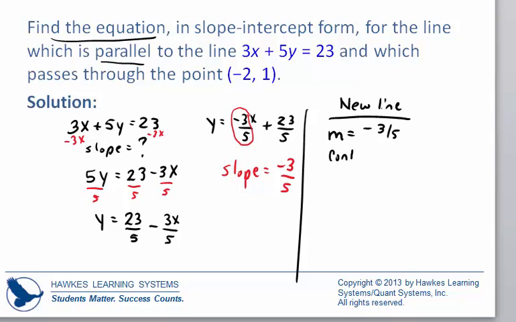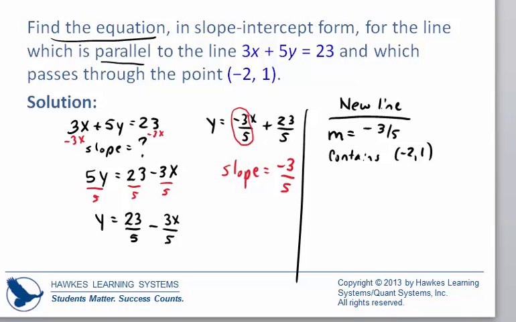So it contains negative 2, 1. So do we have a way to write an equation of a line if we have the slope and we have a point on that line? In the last section, we learned about the point-slope form of the equation.